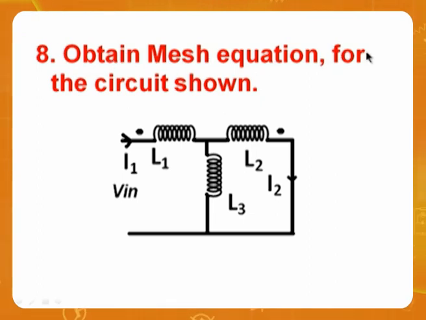Obtain mesh equation for the circuit shown. For this circuit, we have to go for a mesh equation. This is I1, this is I2. So what is happening here? You can see one is entering, this is also entering, but this is while leaving. So you should have opposite.